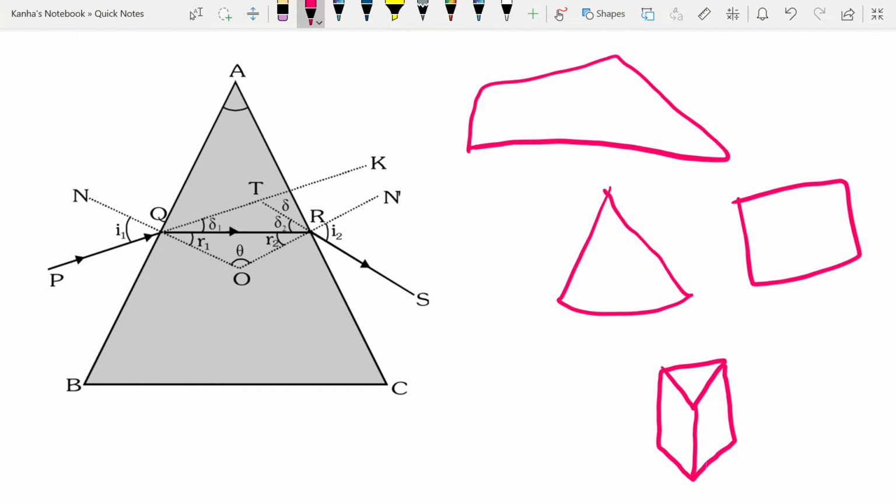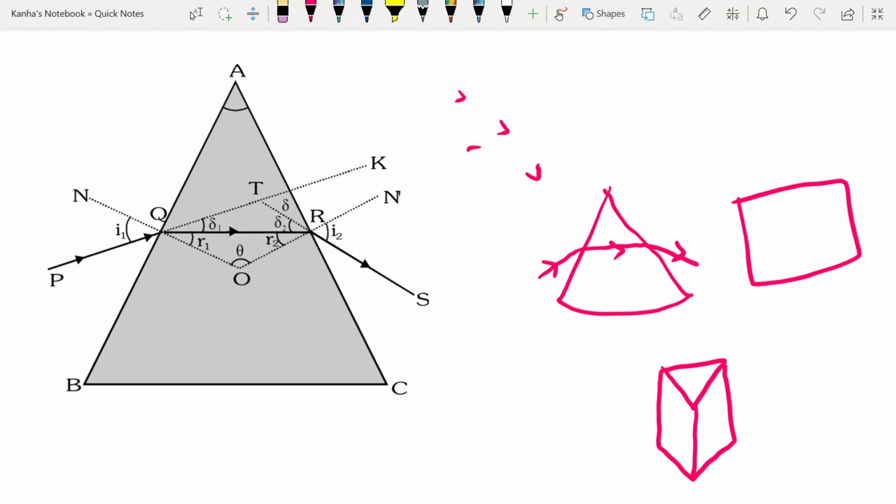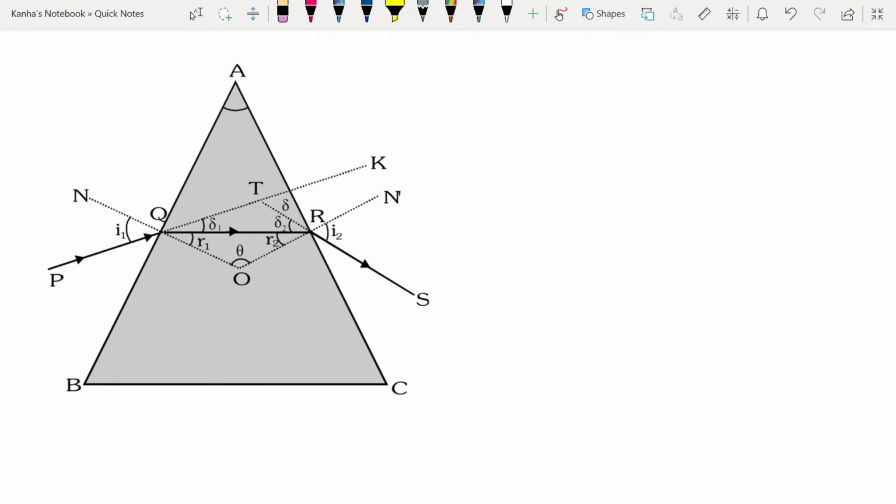Prisms can be of any form, but all you should remember is that light comes in, refracts, and refracts again. Similarly for all the other cases that I told you about. The one that is prominent for the exam is the prism that I've shown you here, this configuration.